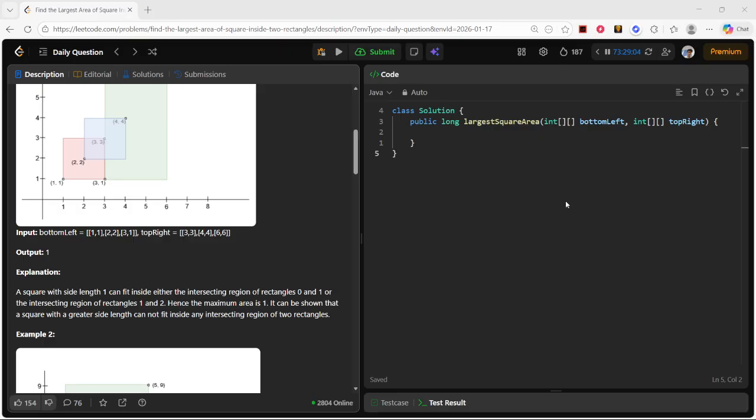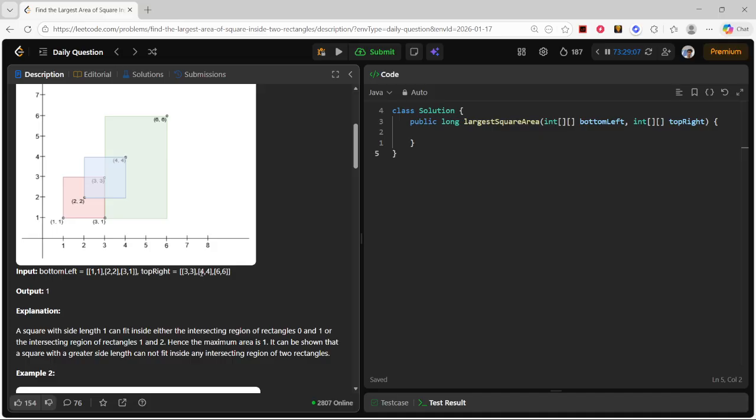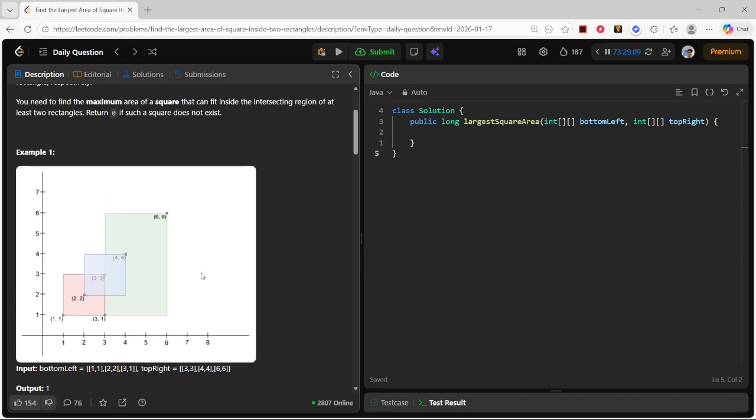Okay, let's think: every square will lie inside the intersection of at least two rectangles, right?